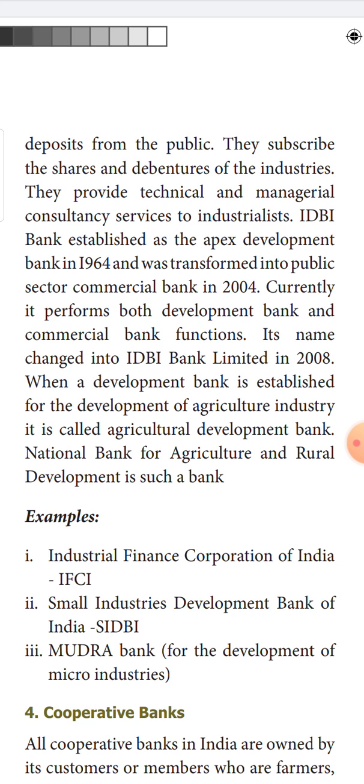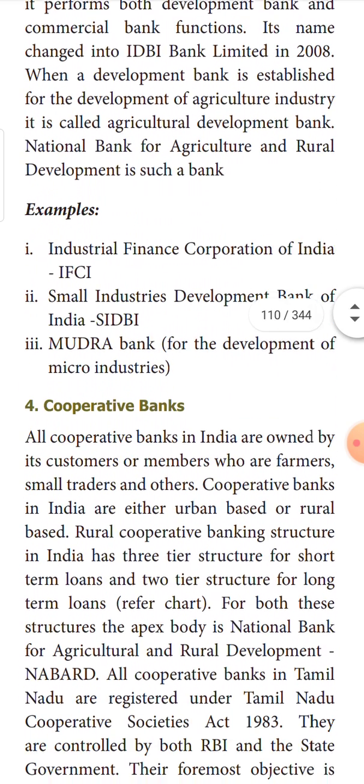What is the main objective of NABARD? To develop the agricultural sector, to give financial support for agriculture. So under development banks, we have two categories: Industrial Development Bank and Agriculture Development Bank. Agriculture Development Bank is controlled by whom? NABARD.